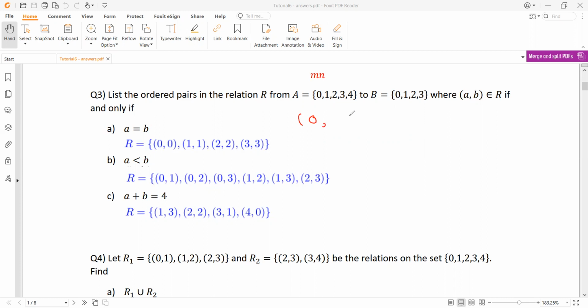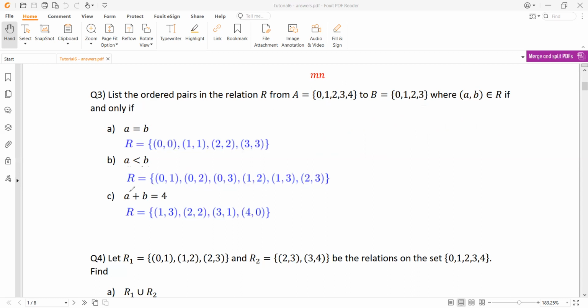I can pair 0 with 1, and 0 with 2, and 0 with 3. And now I can pair 1 with 2 because 1 is smaller than 2, and 1 with 3 from here. And I can also pair 2 from set A with 3 from set B. And that's it. Okay, guys?